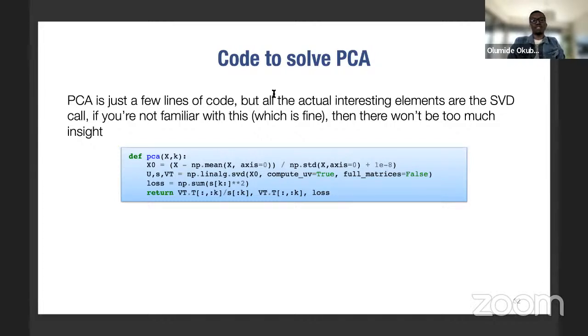And if your covariance matrix is symmetric, then U is equal to V, and in this case, your loss is just the sum of the remaining k that you are not taking. And then what you return is a transformation of your original data point towards your principal directions. So you take the principal directions that you want to keep, and then you multiply.